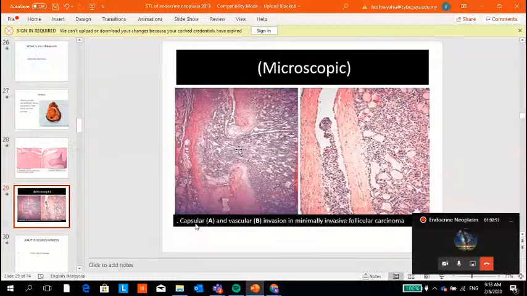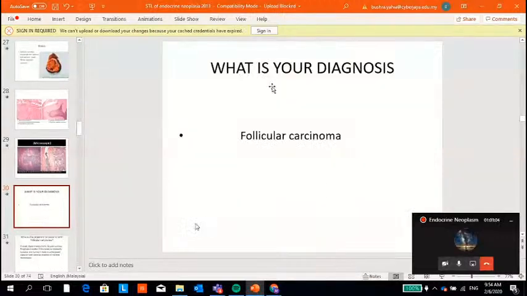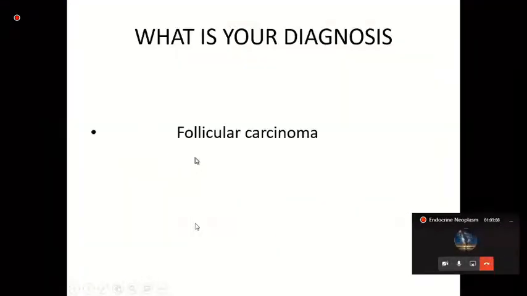But if there is transection, I mean the full capsule is invaded, we call this capsular invasion, okay? So what is your diagnosis? We said follicular carcinoma in this case, not follicular adenoma. Understood?